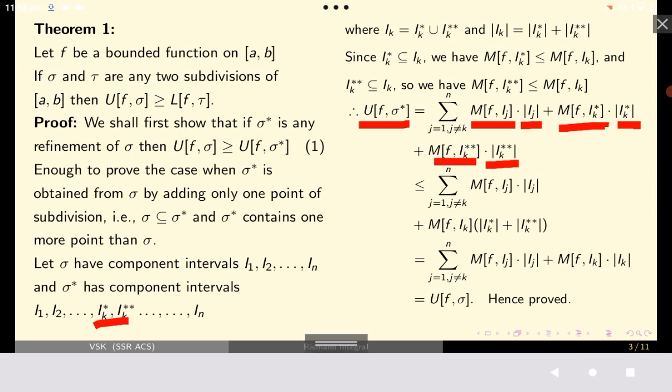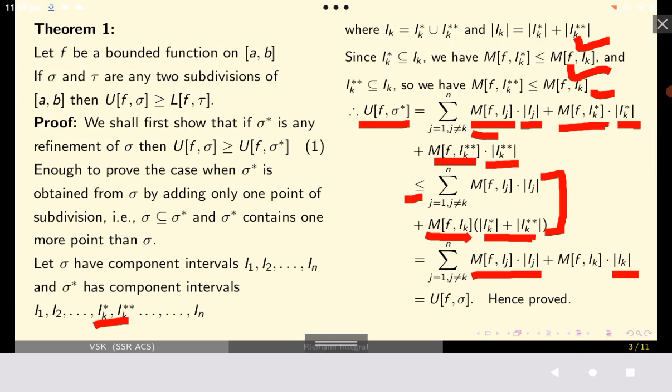Now that will be less than or equal to, because of these two inequalities, we replace these two by M(f on Ik), and we take the common M(f on Ik) from these two, so we get the less than or equal to inequality, and we get this expression. This expression is nothing but the summation j = 1 to n of M_j(f) into the length of Ij, since the sum of these two lengths is simply the length of Ik.